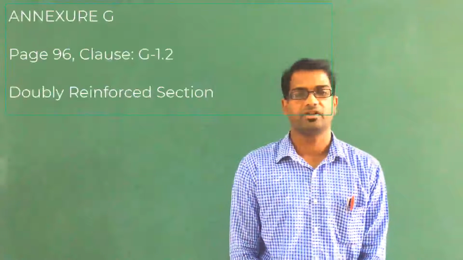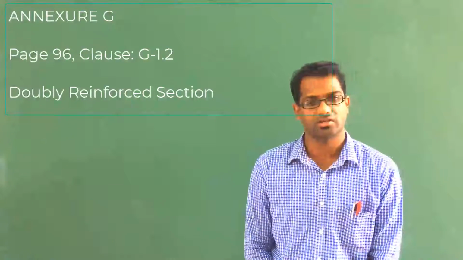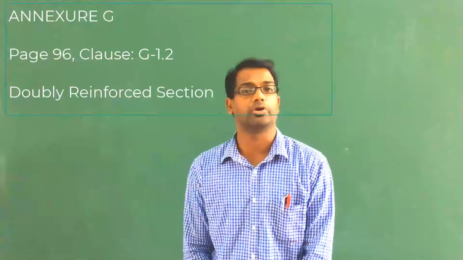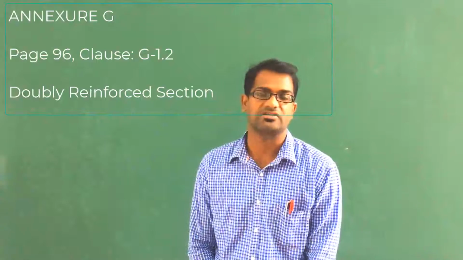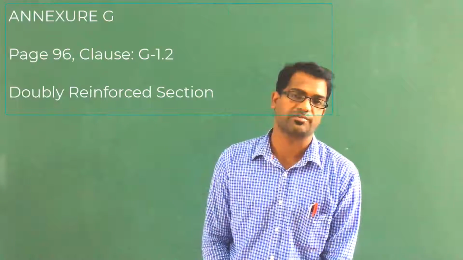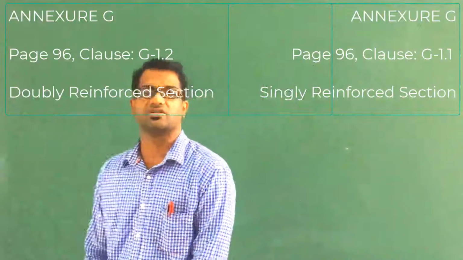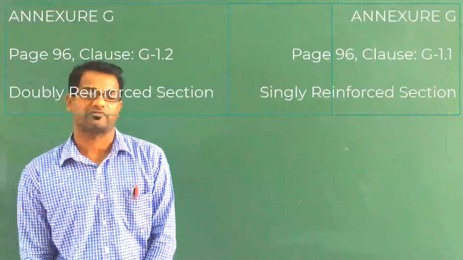Before doing that, we will refer to Annexure G, page number 96, G 1.2, which is stated for doubly reinforced section. G 1.1 is for singly reinforced section. G 1.2 is for doubly reinforced section.